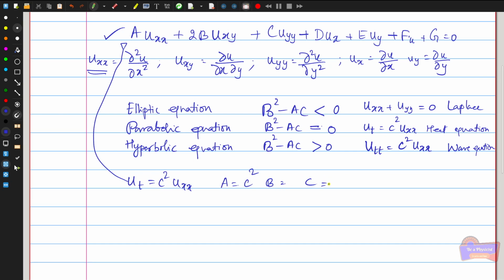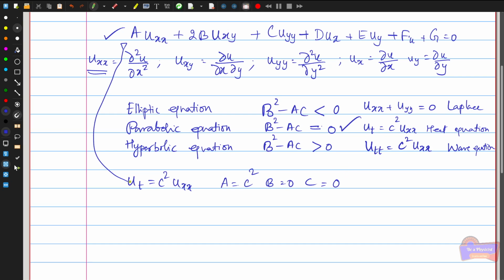Therefore, the coefficient of b is 0 as well as c is 0. If you substitute these ABC values into all three conditions, it only satisfies the one where b squared minus 4ac is equal to 0. So the heat equation comes under the category of the parabolic equation.